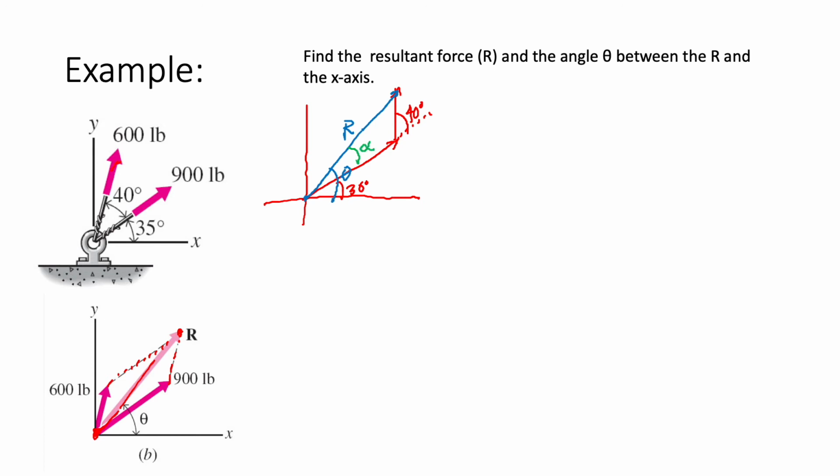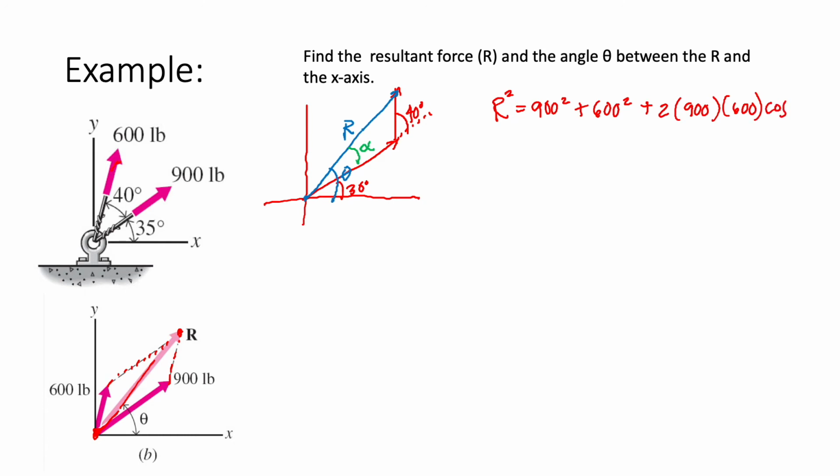So first, let's calculate the magnitude of the resultant vector R, which is R squared equal to 900 squared plus 600 squared, using the cosine law, plus 2 times 900 times 600 times cosine.